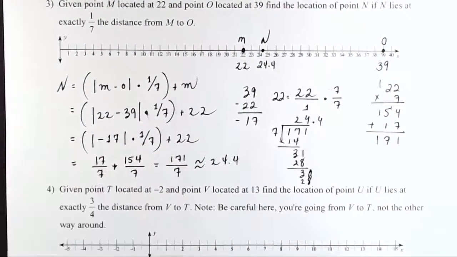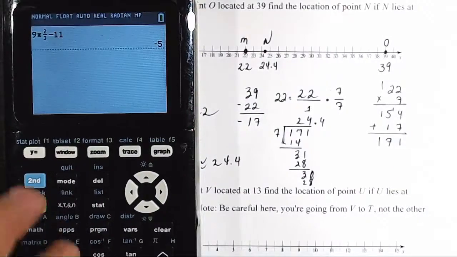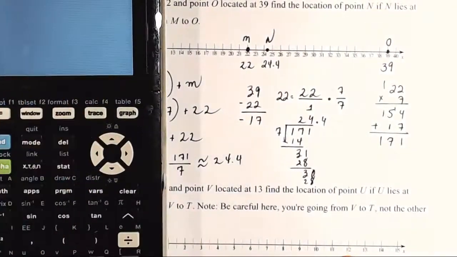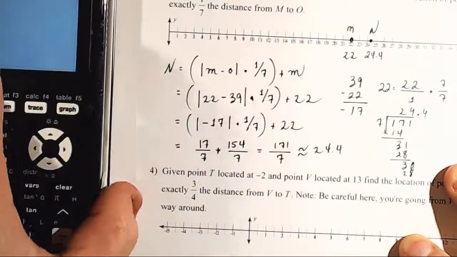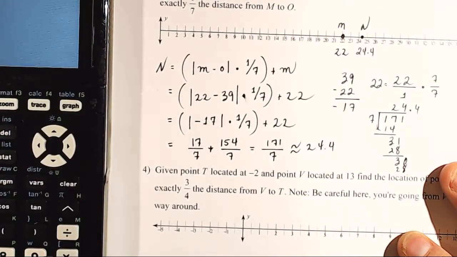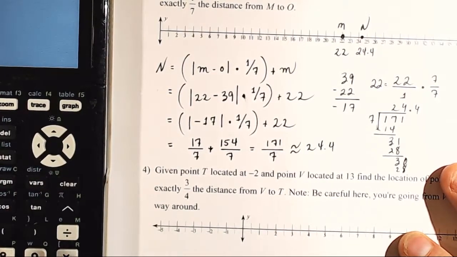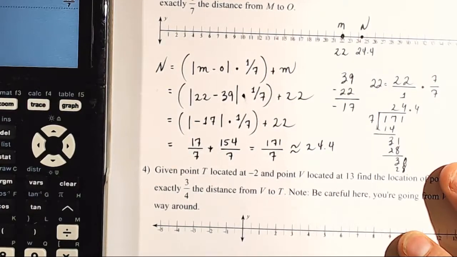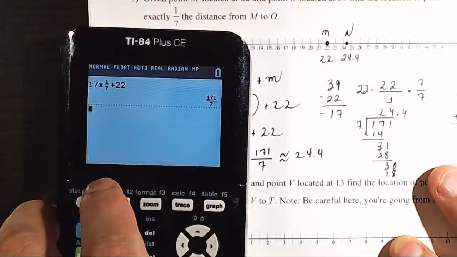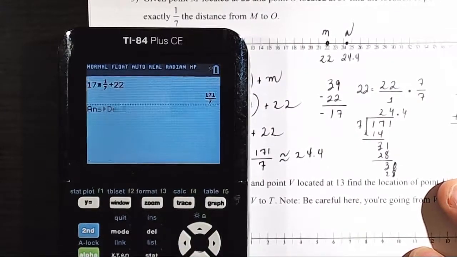All right, well, let's double check that. So on our calculator, we want to find 24.4. So that should be equal to 17 times 1/7 plus 22. 171, oh, you can't see any of it, sorry. 171 sevenths, math decimal.